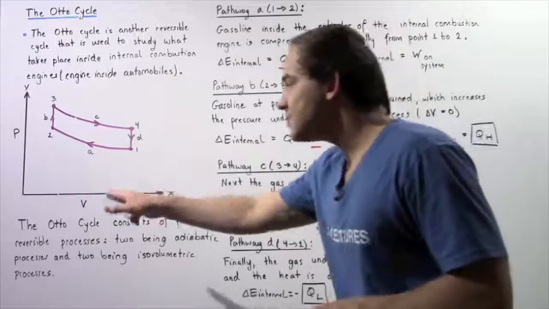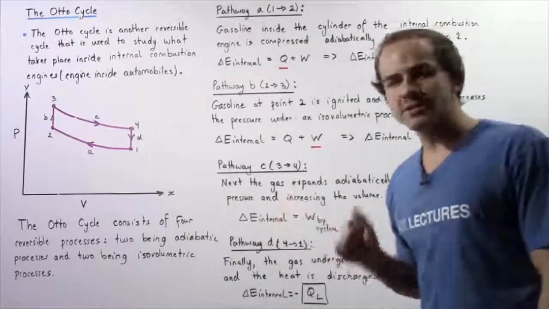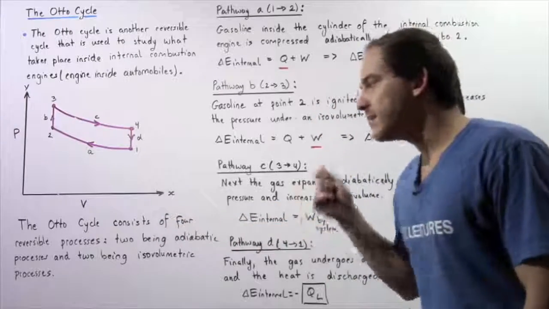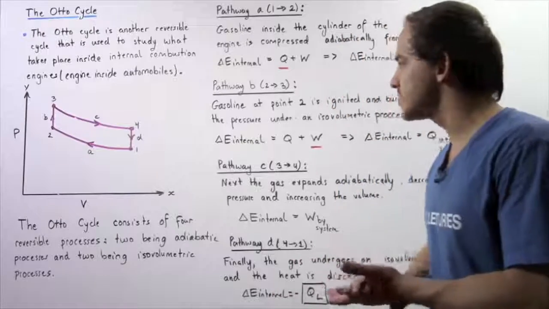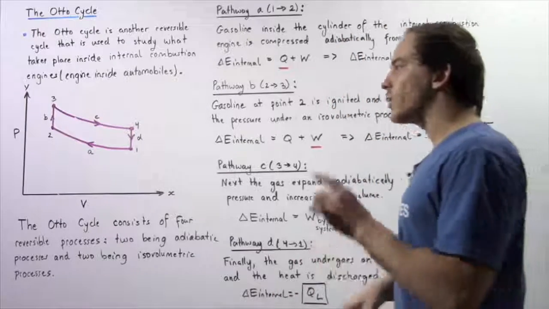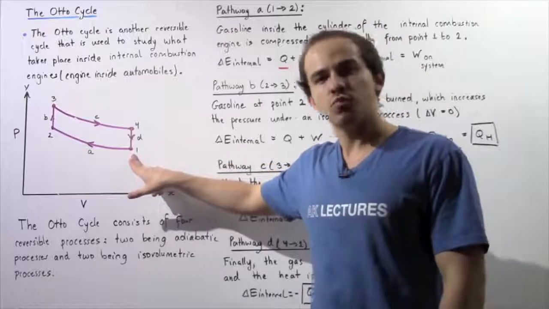So once again, each Otto cycle consists of 4 reversible processes, 2 being adiabatic processes and 2 being isochoric processes. Let's suppose our initial starting position is found at position 1.